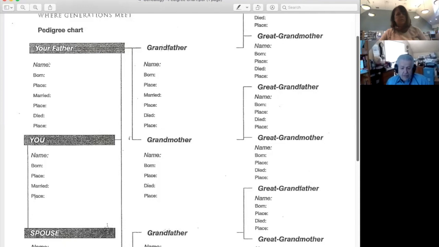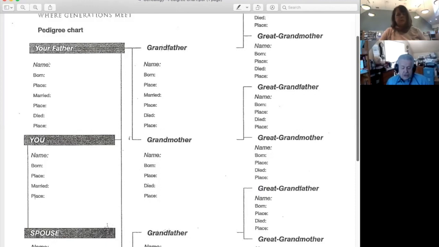And the numbering system becomes useful here because you're number one. Isn't that a wonderful thing? And your father's number is actually number two. So although this chart doesn't show it, I'd like you to write that in underneath the phrase your father. So that's number two.